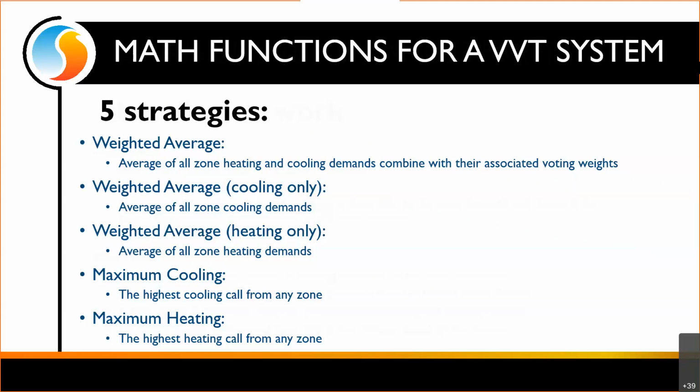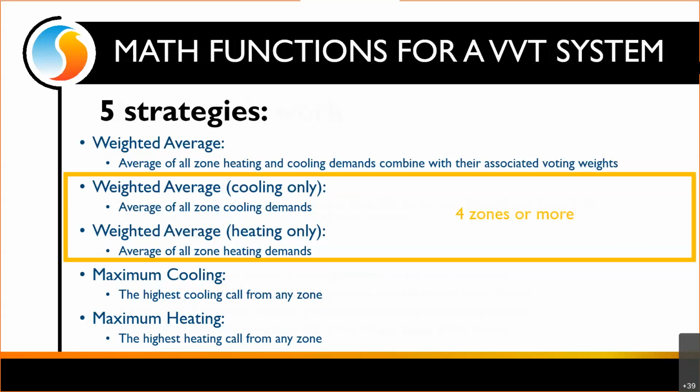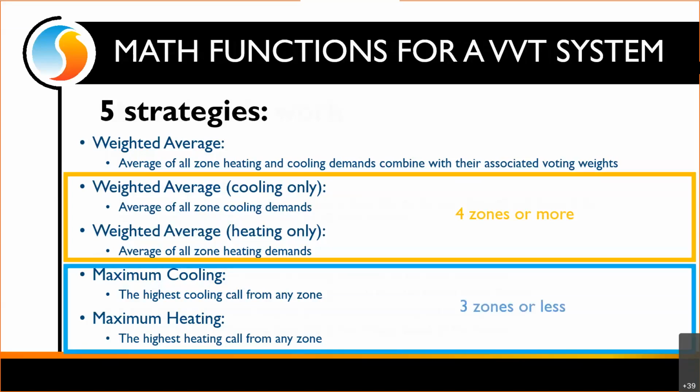So which strategy do we want to use based on what kind of size system? Well, we tend to advise using the weighted average cooling only and weighted average heating only if you have 4 zones or more. And if you have 3 zones or less, we tend to advise going with the maximum heating and maximum cooling.